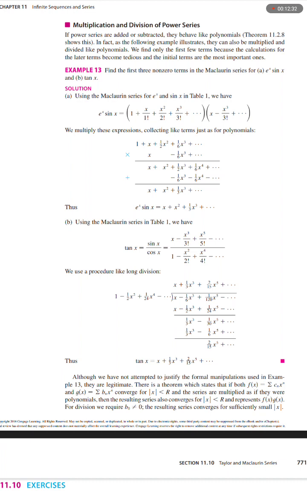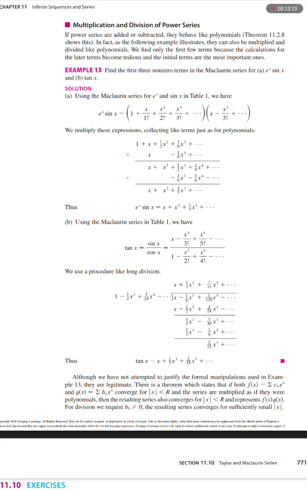And then the next line is 1 over 3 x to the 3rd power minus 1 over 6 x to the 5th power plus ellipsis.